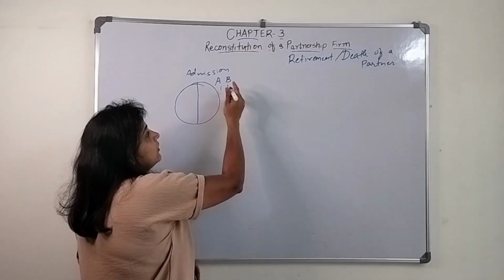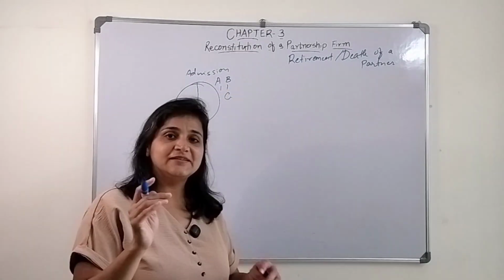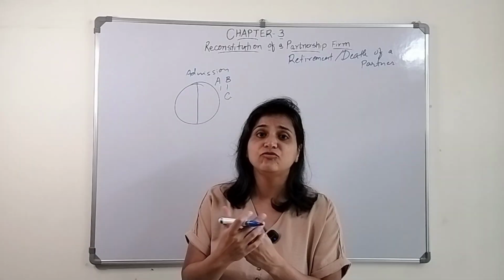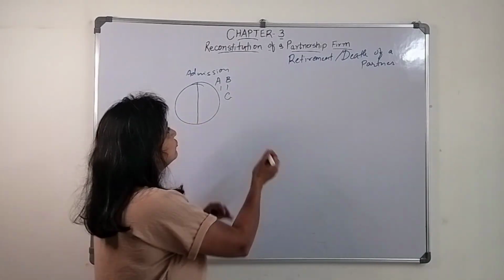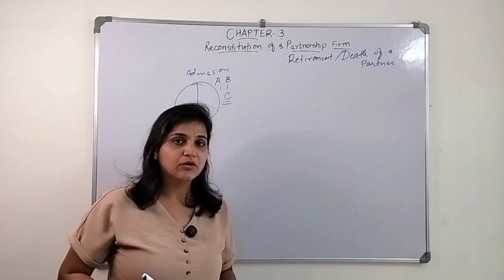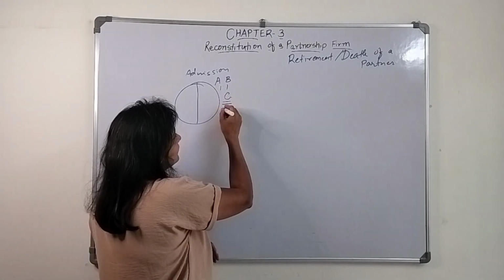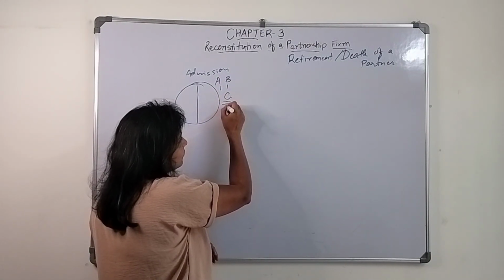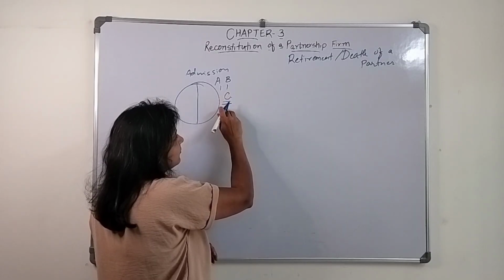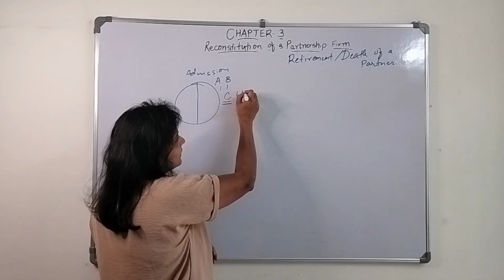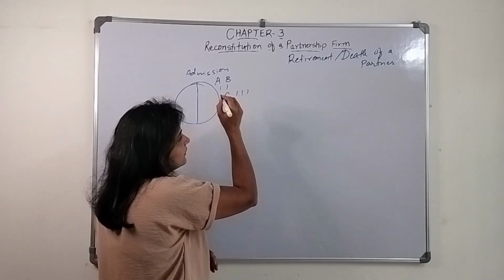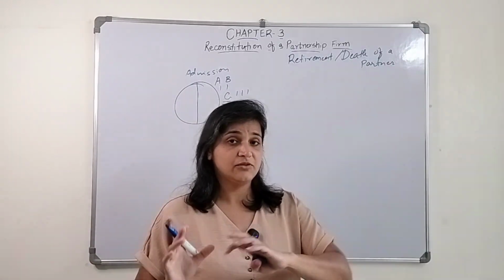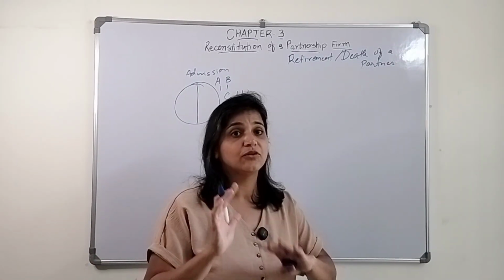But now C enters, and they have to share this cake with C. Let's say they agree to share equally, so the profit sharing ratio will be 1:1:1, and C is also going to get 1/3 of the cake. That is what we studied.